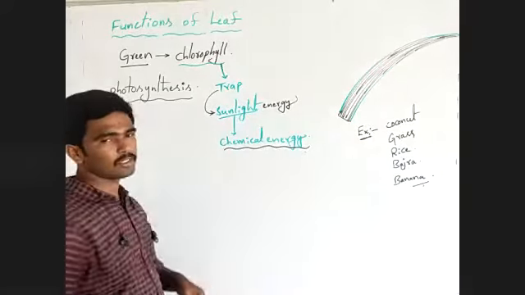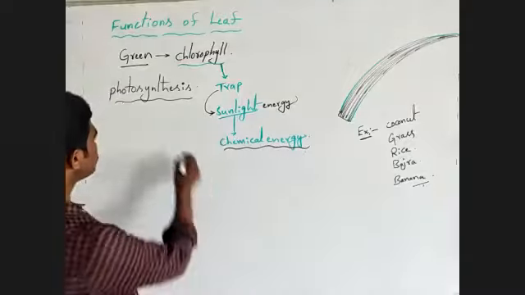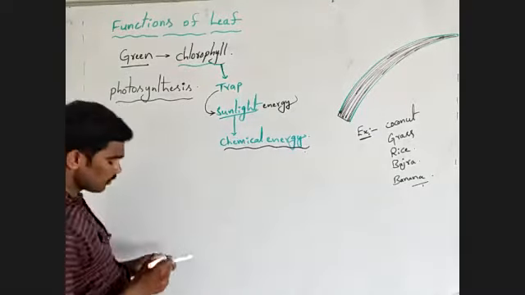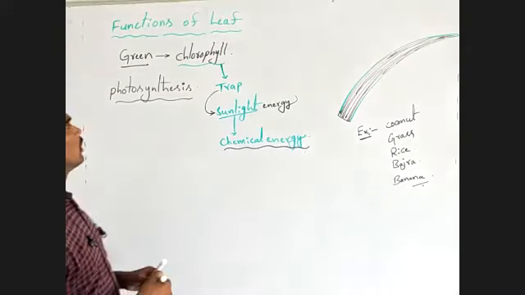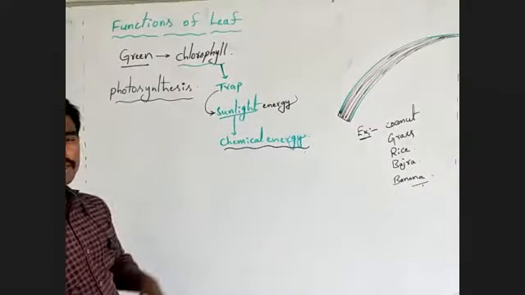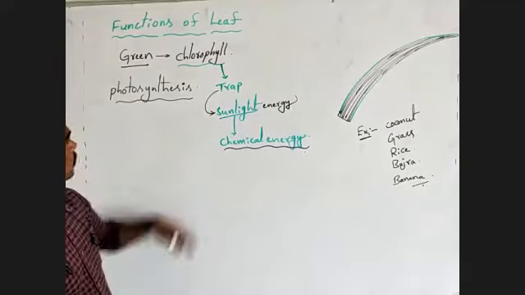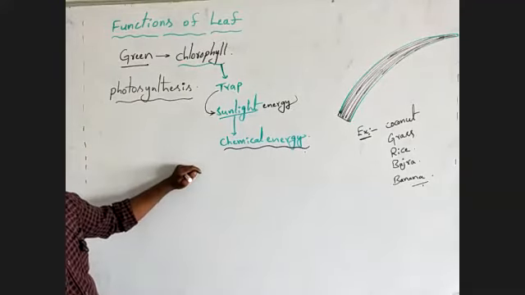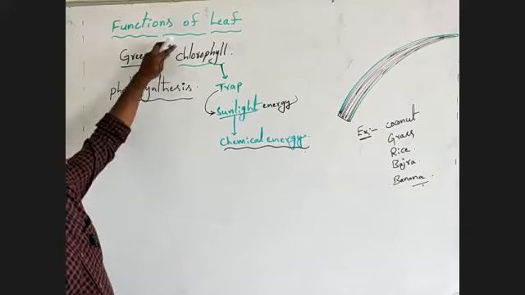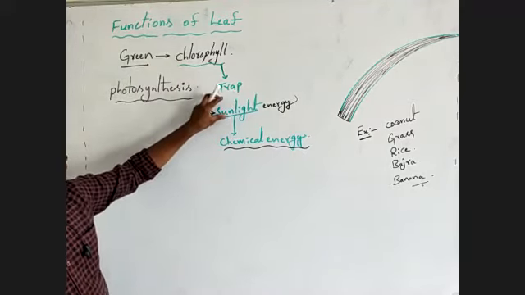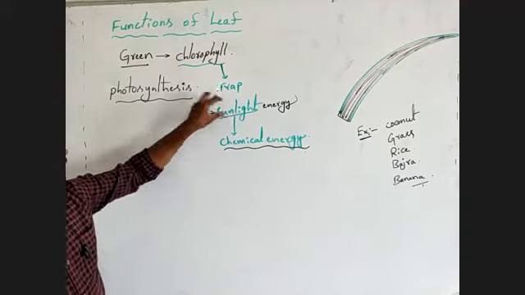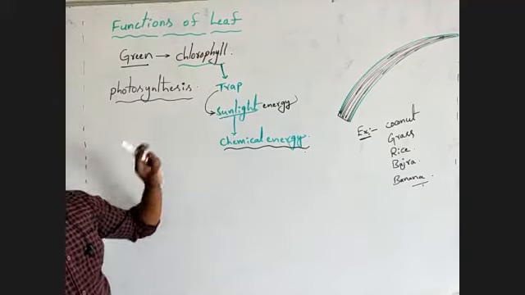Without chemical energy, photosynthesis process cannot proceed. To perform photosynthesis, plants should have chlorophyll pigment to trap the sunlight energy, to convert the sunlight energy into the chemical energy.